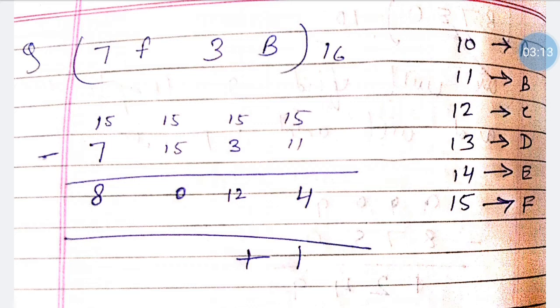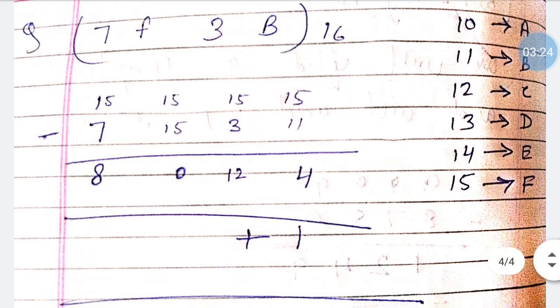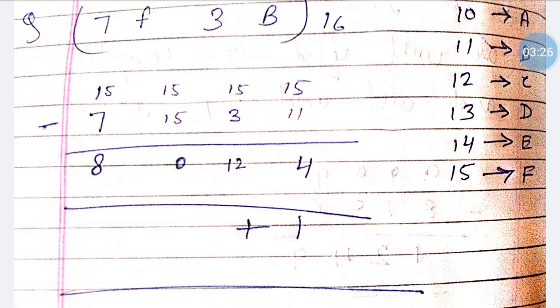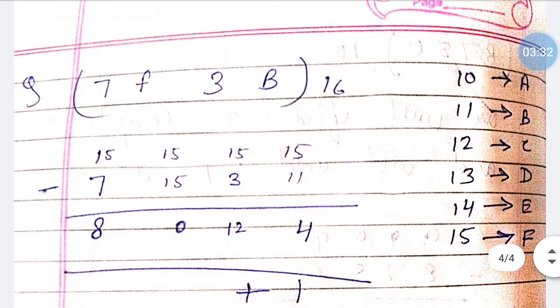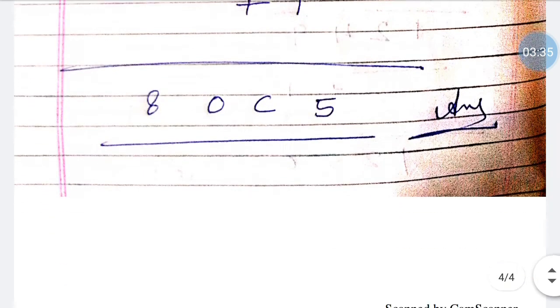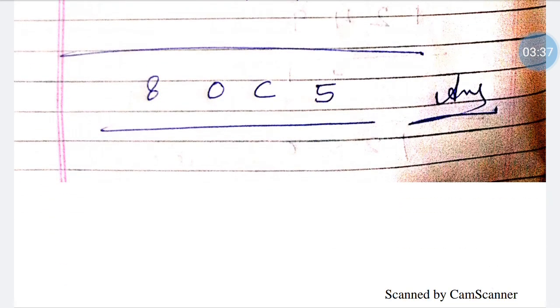We will subtract each digit from 15. So that will be 8 0 12 and 4. Then we will add 1, and we will convert 12 into hexadecimal form. So it will become 80C5. So for 7F3B, the 16's complement will be 80C5.